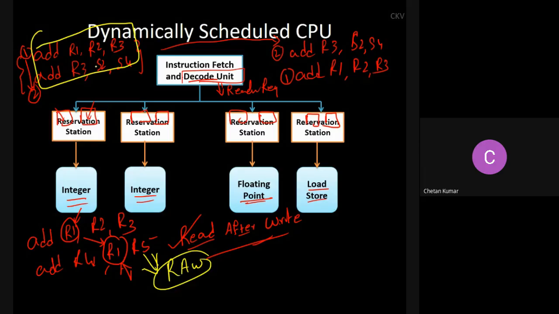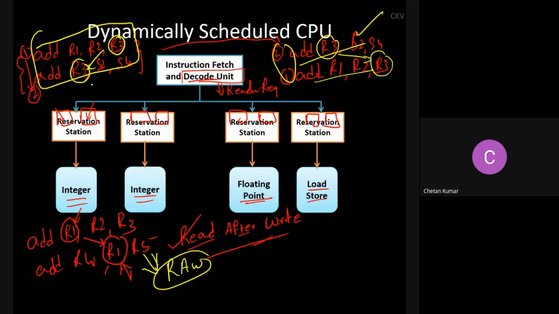If I follow a similar naming convention, what kind of dependency is this? I cannot execute in this order. I can't execute this instruction first and the other second, because your R3 will get modified and you will be using a wrong R3 in the next instruction. I have to maintain this order.